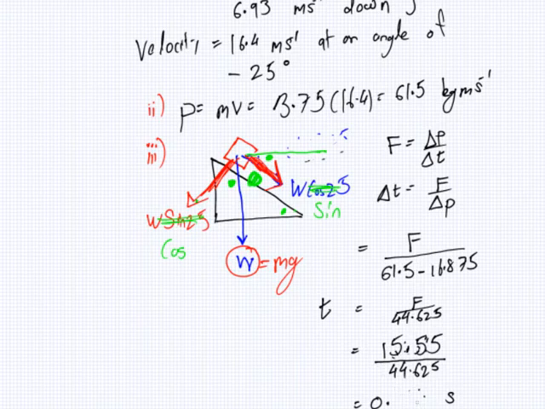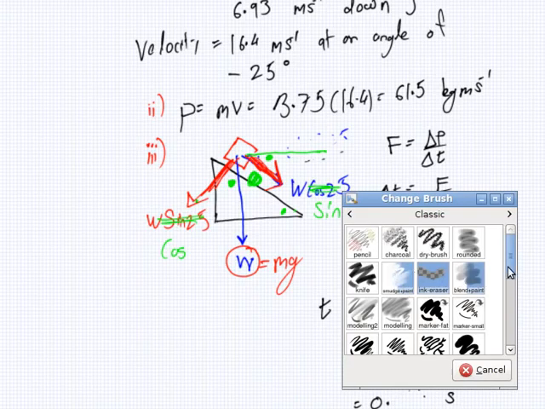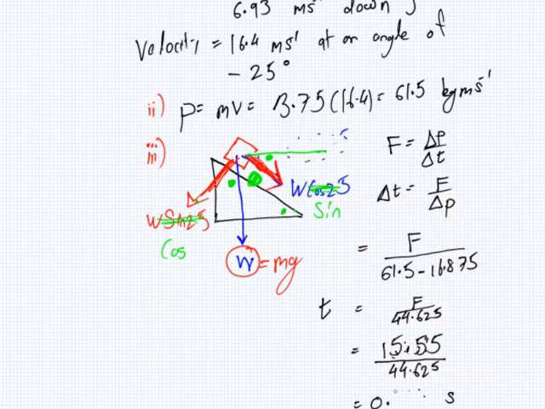Come on, pen. 10. F equals sine 25. Sorry, yeah, this one here should be W sine 25. I have my picture wrong. I'm not good with pictures.